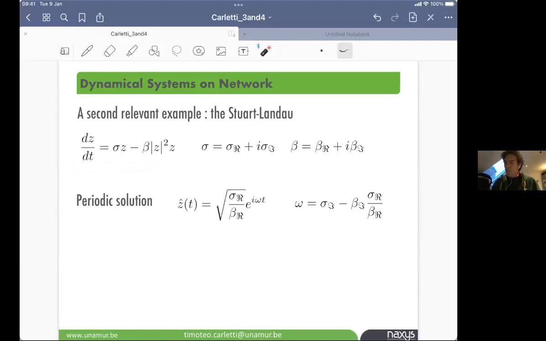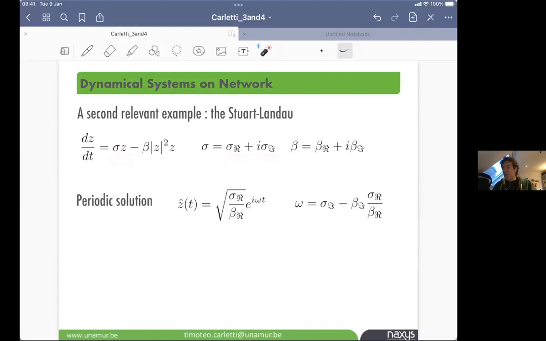Okay, so the Stewart-Landau is the following. You have a complex variable because, as I told you, this is a complex oscillator. So you have z, with a complex phase and an amplitude. The derivative of z with respect to time is a linear part, which is sigma times z. Sigma is a complex number, so it has a real part and an imaginary part.